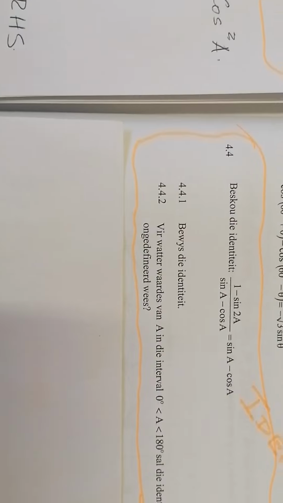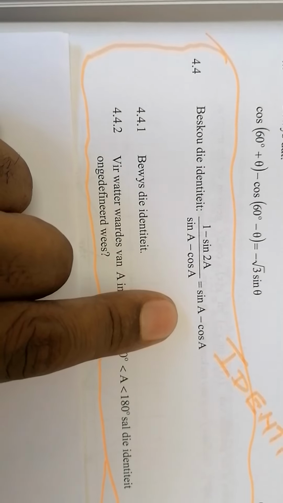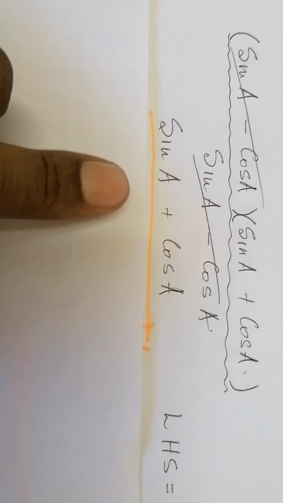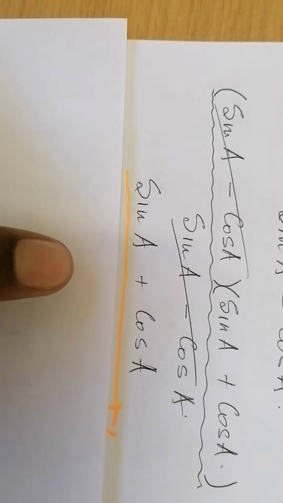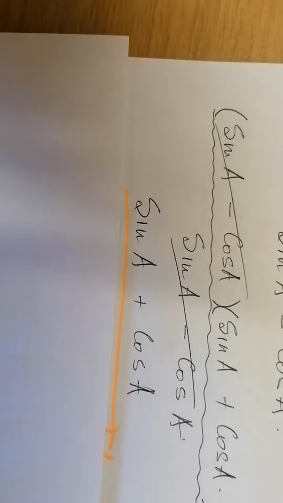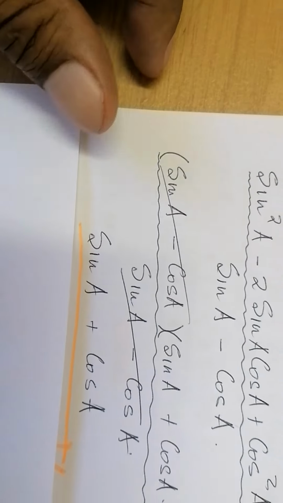If you look at what the examiner required me to do, it is exactly what I have got here. I'm sorry about this. It should be sine a minus cos a.